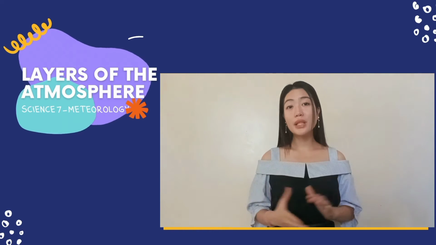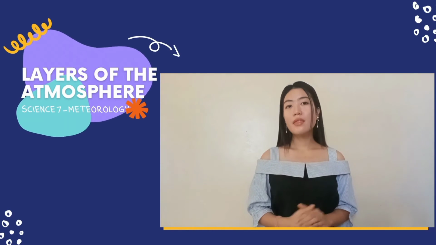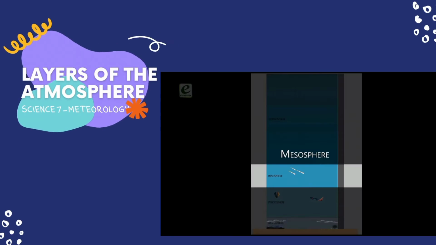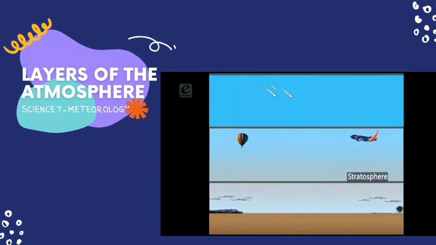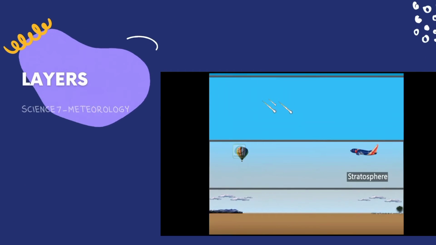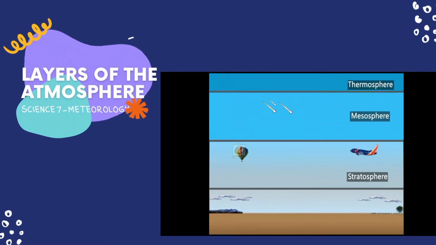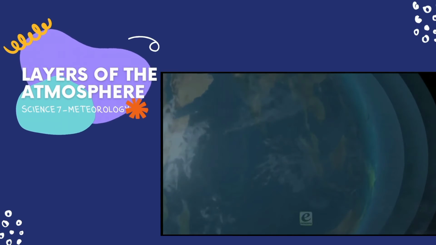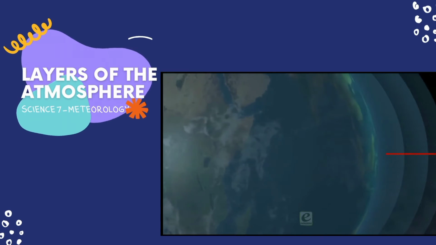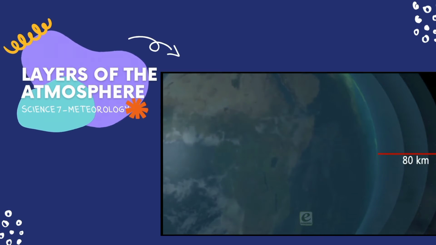Let's go above the middle layer of the atmosphere, the mesosphere. The mesosphere lies above the stratosphere and below the thermosphere. It extends from the stratosphere to about 80 km above the surface of the Earth.